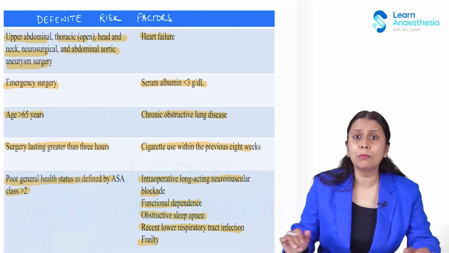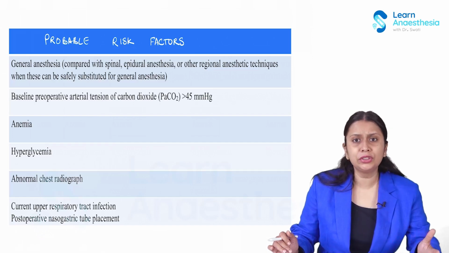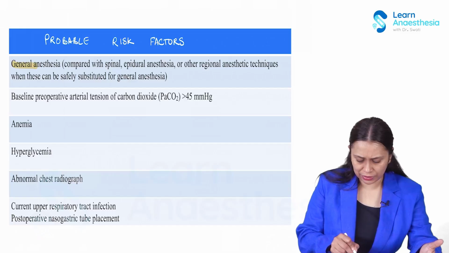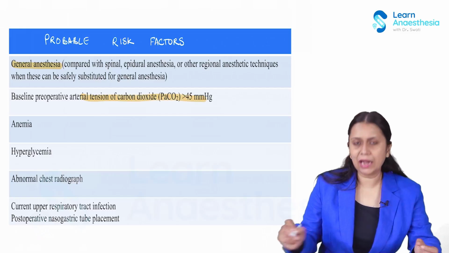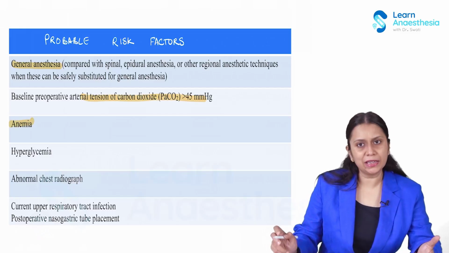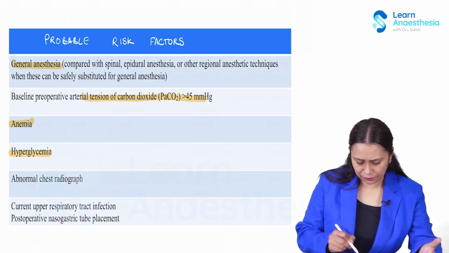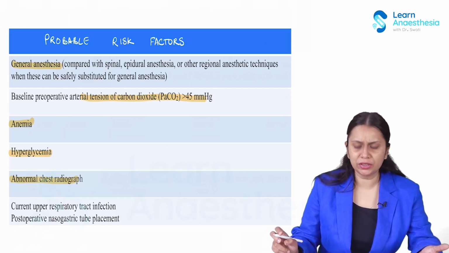Now there are some probable risk factors as well. So general anesthesia, compared to regional anesthesia and blocks, is associated with more post-op pulmonary complications. Then if the patient's baseline PaO2 is more than 45, they are at a higher risk of developing lung complications. Patient having anemia, hyperglycemia, an abnormal chest radiograph. May not be a recent abnormality, but any abnormality in chest radiograph.